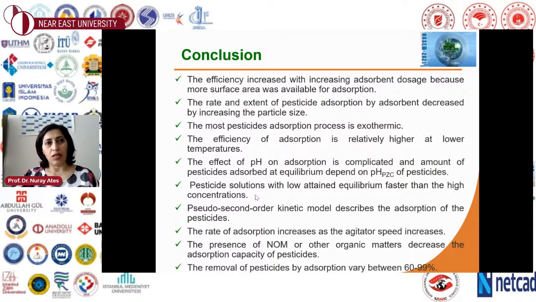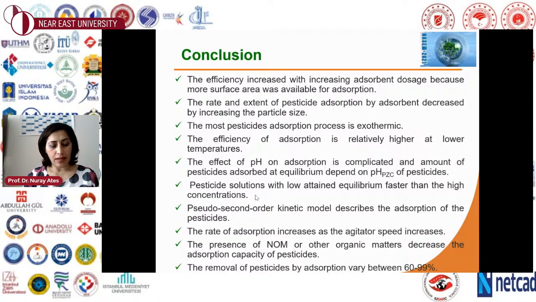If the pH PZC value is higher than the solution pH, at that time all pesticides are protonated, and the electrostatic attraction between the adsorbent and pesticides gets higher.